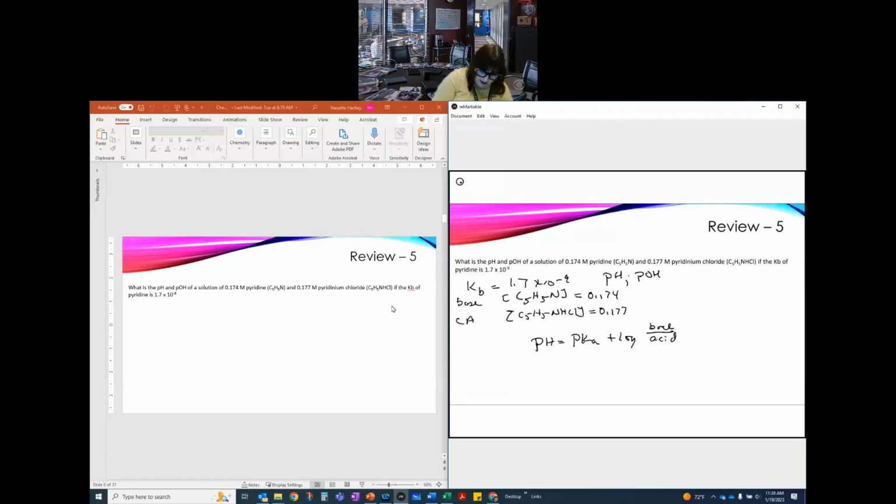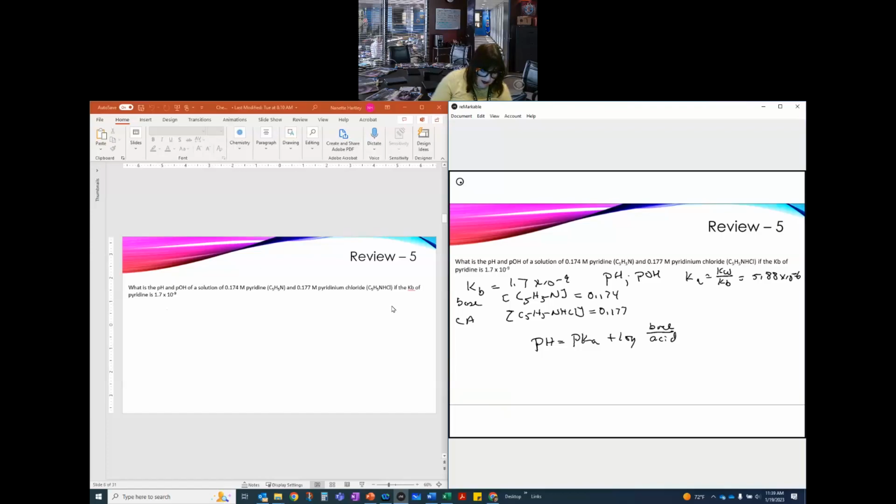I can take 1 times 10 to the minus 14th, divide that by 1.7 times 10 to the minus 9th, and I calculate Ka, Kw over Kb, as 5.88 times 10 to the minus 6.